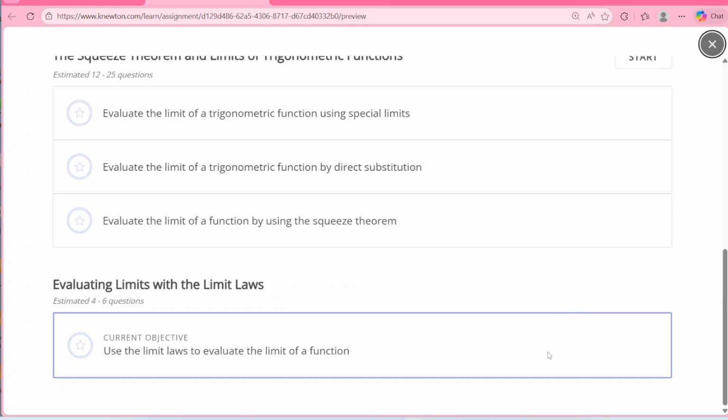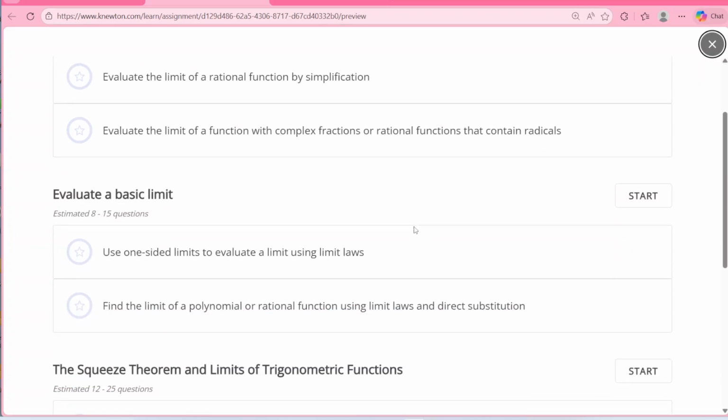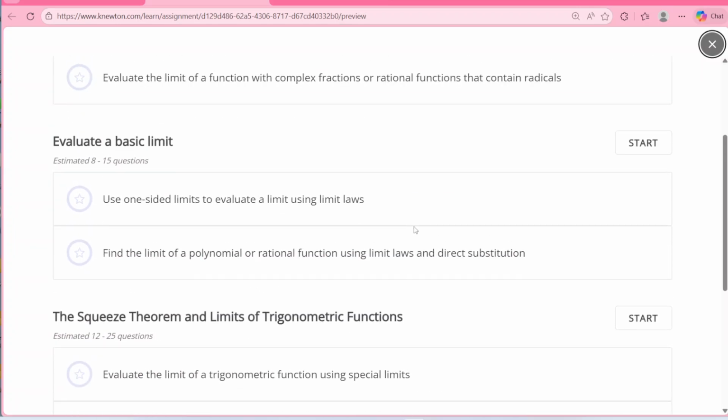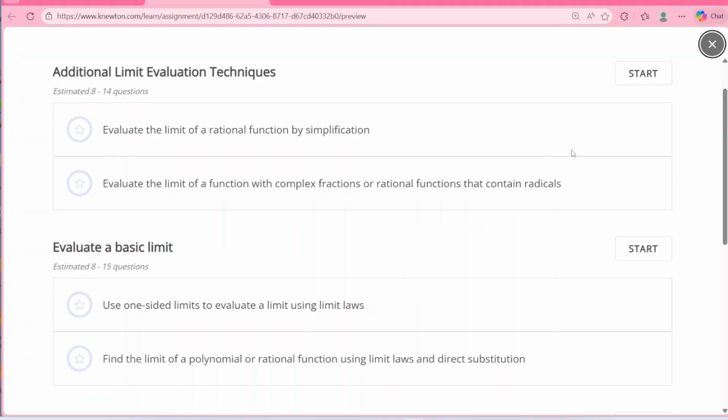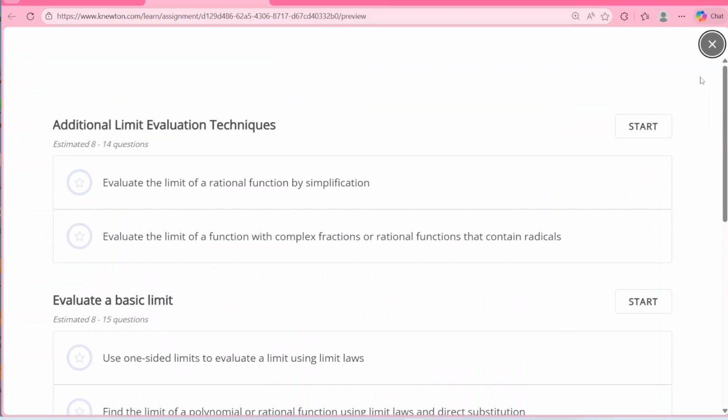So I'll be getting 4 or 5 questions in a row on this one objective, and then it will move me to one of the other 3 sections with the several other objectives. Now, if I wished, I could start a different section. Notice these start buttons here, and then it'll keep me in that section's objectives until I'm done with them, unless I want to start something else. But I'm not going to be doing that, just letting you know that that's an option for this particular course.